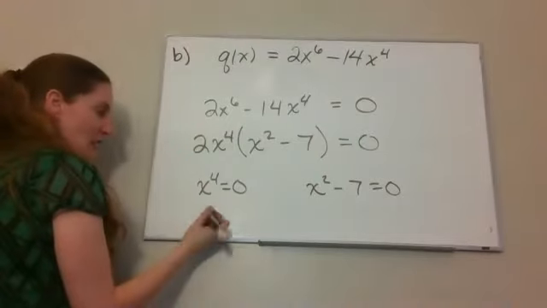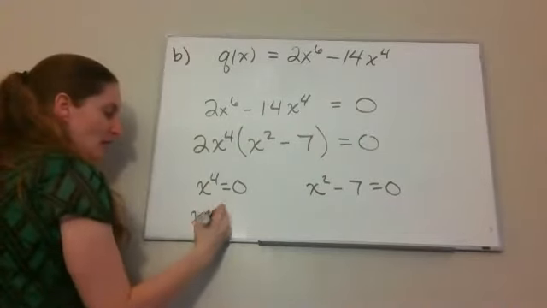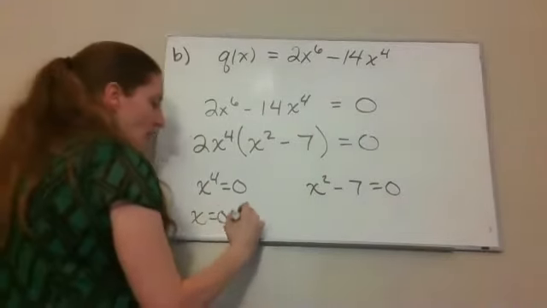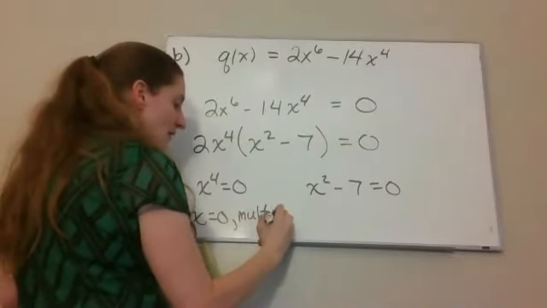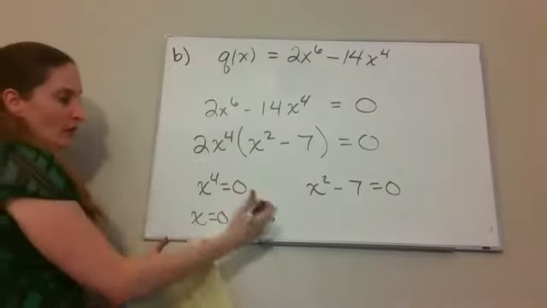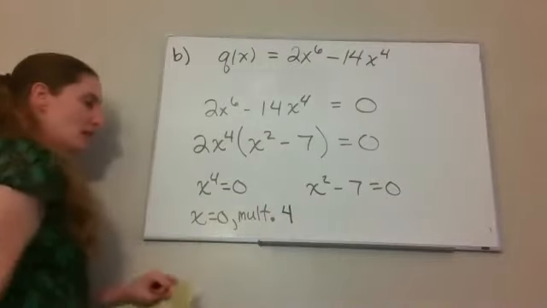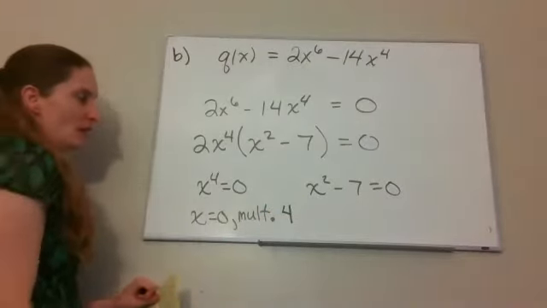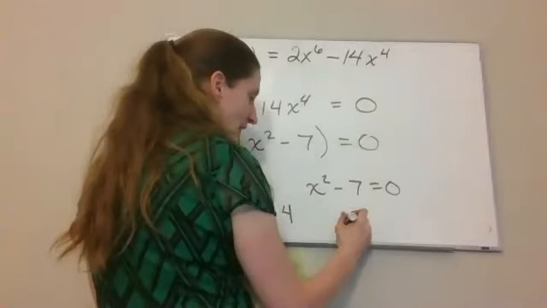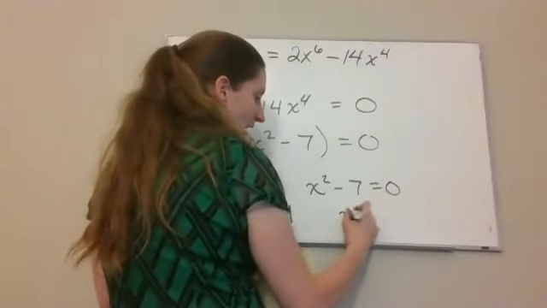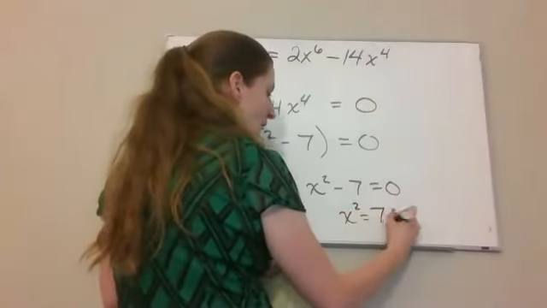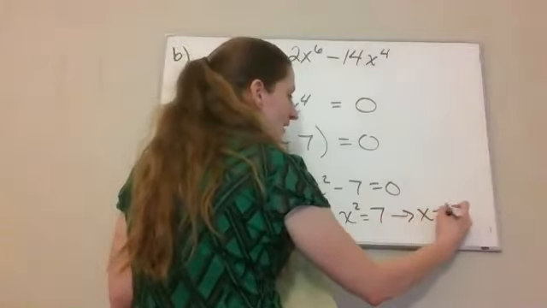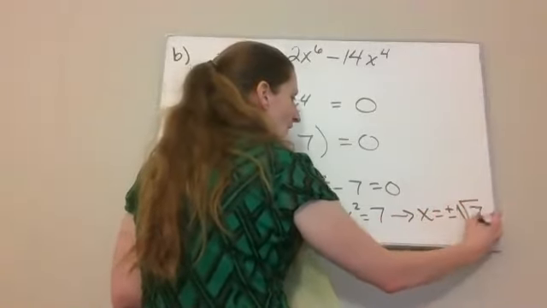This one, I take a 4th root and I get x equals 0, and the multiplicity is going to be 4 because that was the exponent on that value. Now for this one, I would get x squared equals 7, which means x is plus or minus the square root of 7.